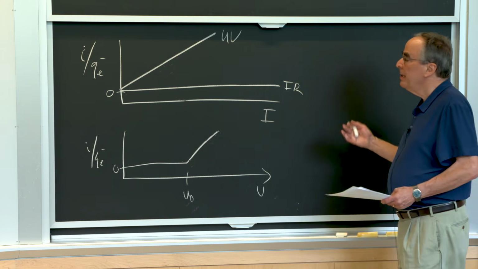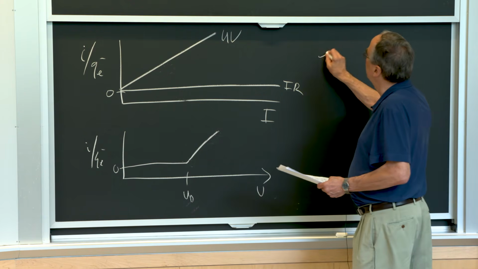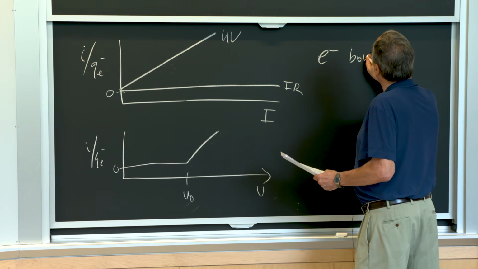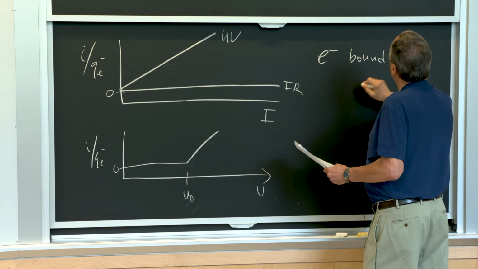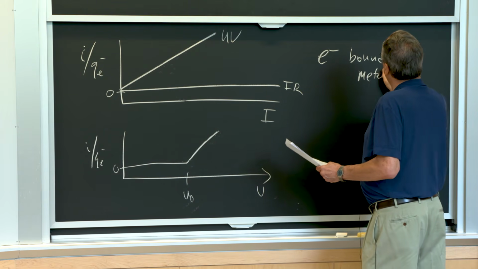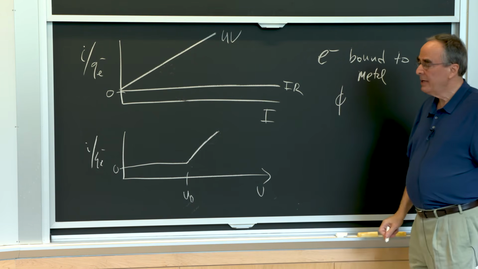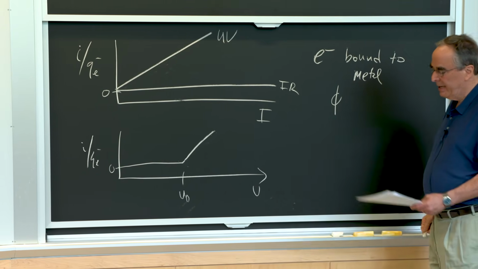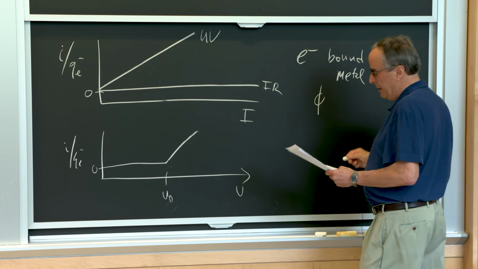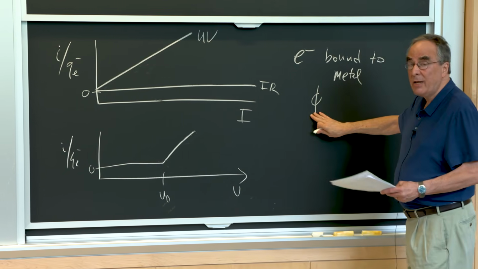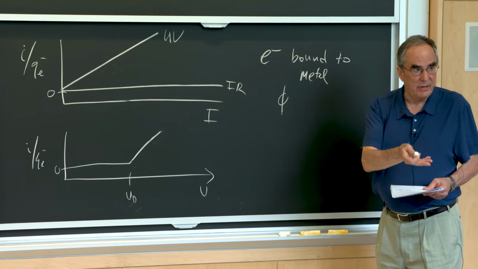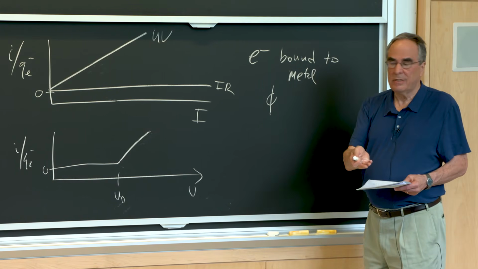So these observations suggest that the electron is bound to the metal by some energy which we call the work function, and it's called phi. So this is an energy that it takes to rip an electron out of a metal.